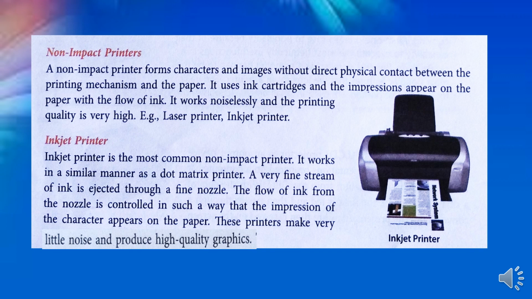It works noiselessly and the printing quality is very high in comparison to impact printers, that is dot matrix printers. Examples of non-impact printers are laser printer and inkjet printer. Now students, a laser printer uses an ink cartridge which is generally called toner, and an inkjet printer contains cartridges which are called ink cartridges.